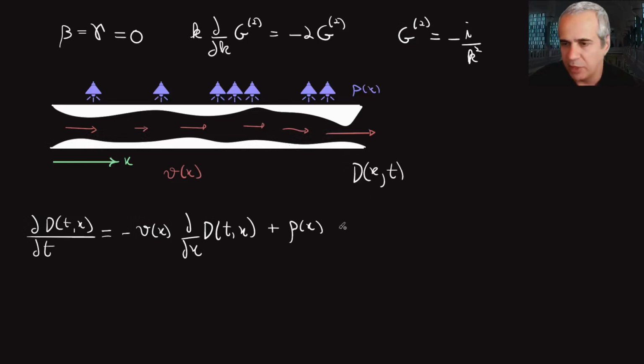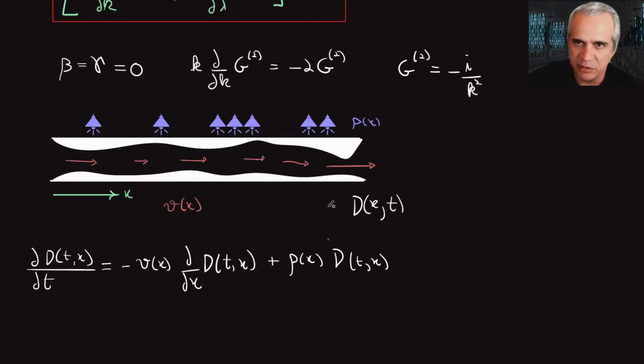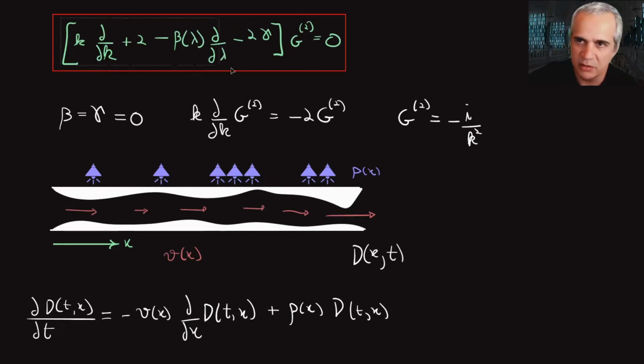But then, of course, the growth is proportional to the density itself. The more bacteria you have there, the more fun they have and the more they grow. And of course, this is all very contrived, to be very close to the equation we want to solve. So let me copy it here.